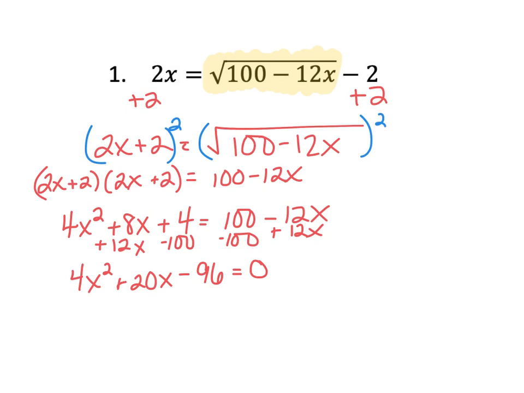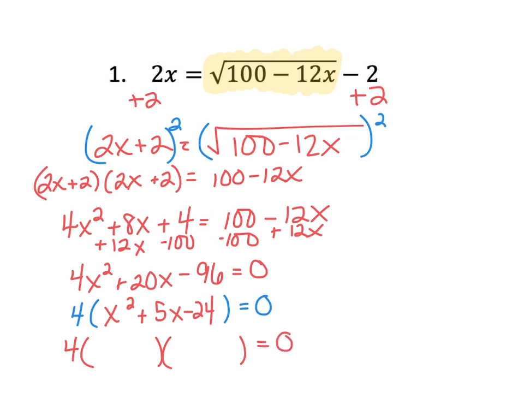I'm going to try factoring, and I'm going to begin by factoring out a GCF. Looks to me like I can pull a 4 out of this, which would produce x squared plus 5x minus 24. And then I'm going to try to find factors of negative 24 that would add to 5. And I'm thinking 8 and 3.